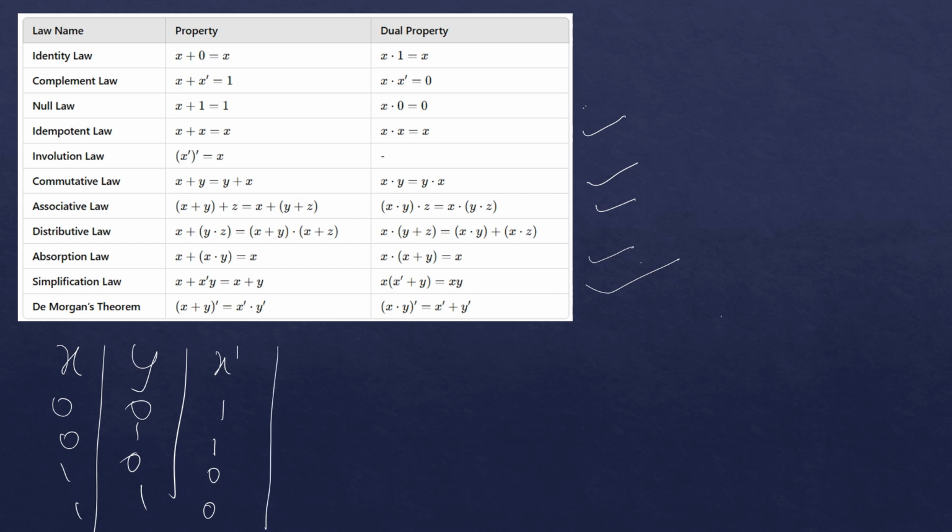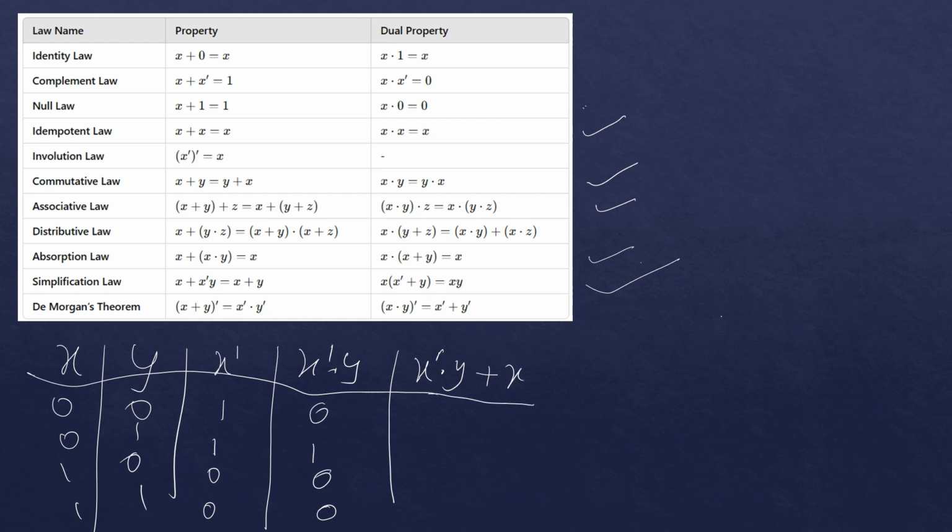In the next column, we do x dash into y. So x dash into y, first is 0, second is 1, then 0 into 0 is 0 and 0 into 1 is 0. Then the next column is x dash into y plus x, that is the LHS side, right? This is LHS.